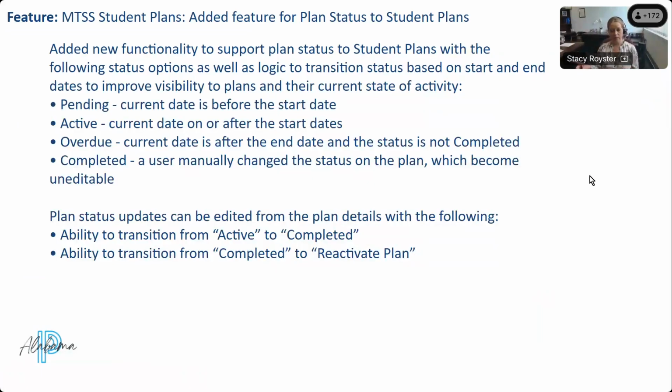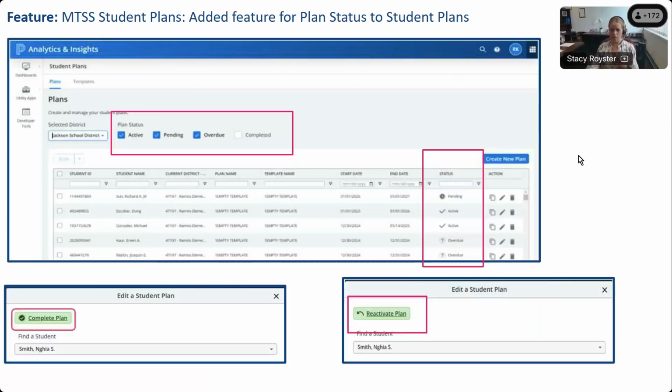And maybe once I've completed a plan, I realize, oh no, I forgot to do this. You can reactivate the plan so that you can go in, make your changes, and then complete the plan on students if needed. And so here are the screenshots. You will now have filters up here for those different plan statuses, and you will be able to see them over here and filter in the column as well.